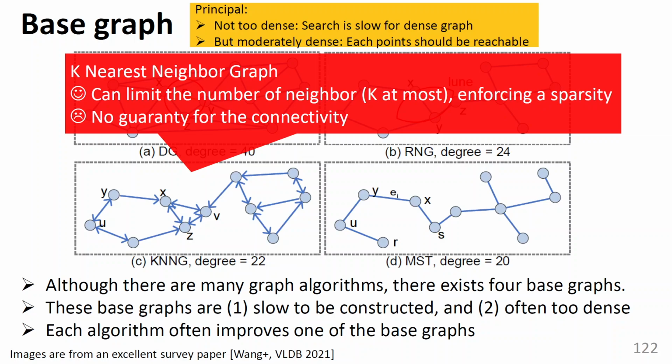So we try to enforce the sparsity. But this graph cannot guarantee your connectivity. For example, maybe this one is very weak. Only one edge connects to the other subgraph. So if this edge is broken, we will separate them into 2 subgroups.